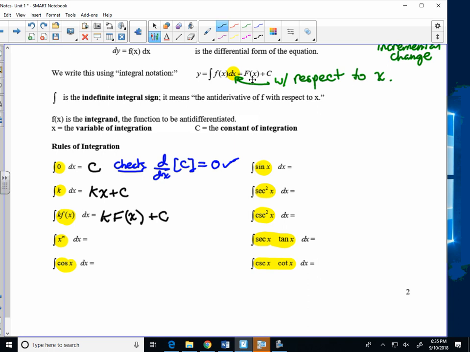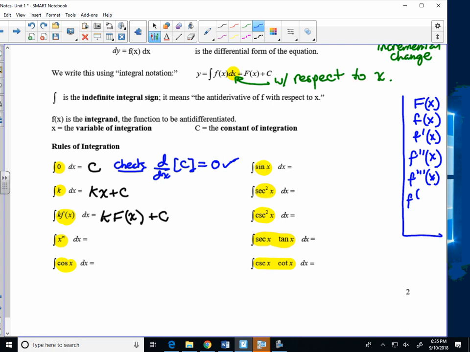So if you kind of look at the progression downward, we would say f of x, capital, lowercase, then we get into our primes. Okay, so little tick marks to represent the primes, but then after you get to the third one, we start putting the number of the derivatives, of the fourth derivative, in parentheses.